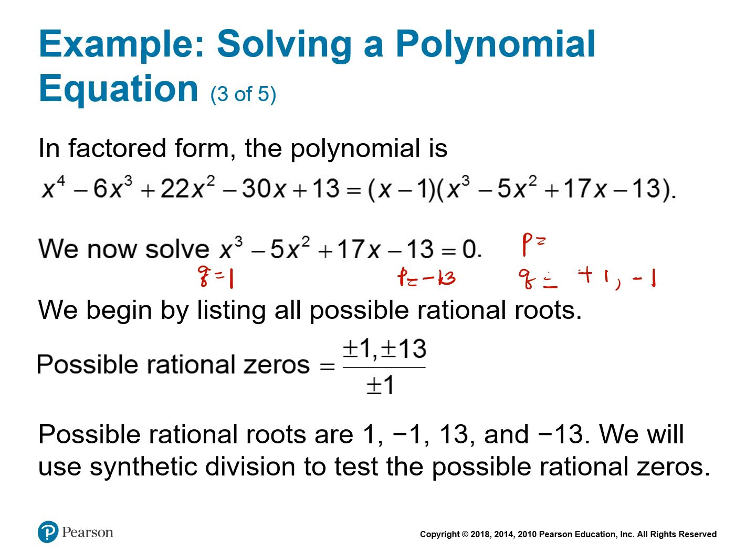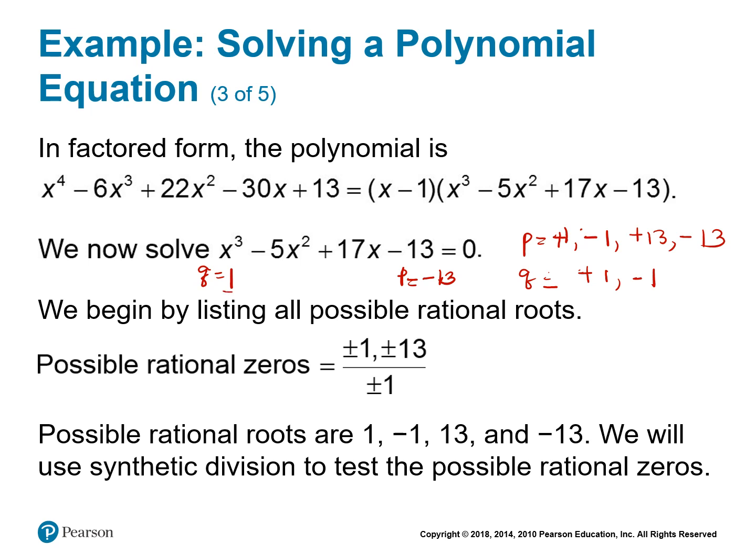I should have written plus 1, minus 1, plus 13, minus 13, right? These are the four factors of p, and for q, this is only one, so plus or minus 1.